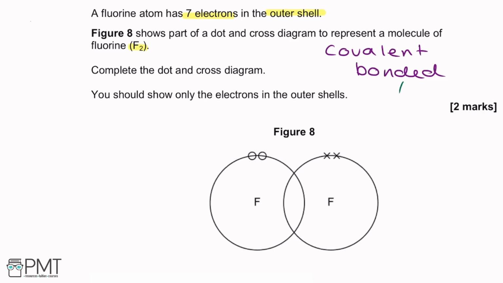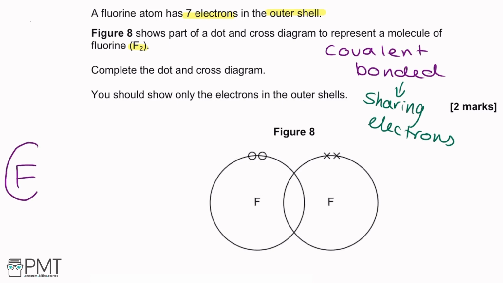And remember, covalent bonding is all about sharing electrons. So let's think about these fluorine atoms then. Fluorine's in group 7, which means it has 7 electrons in its outer shell. So let's show that outer shell.